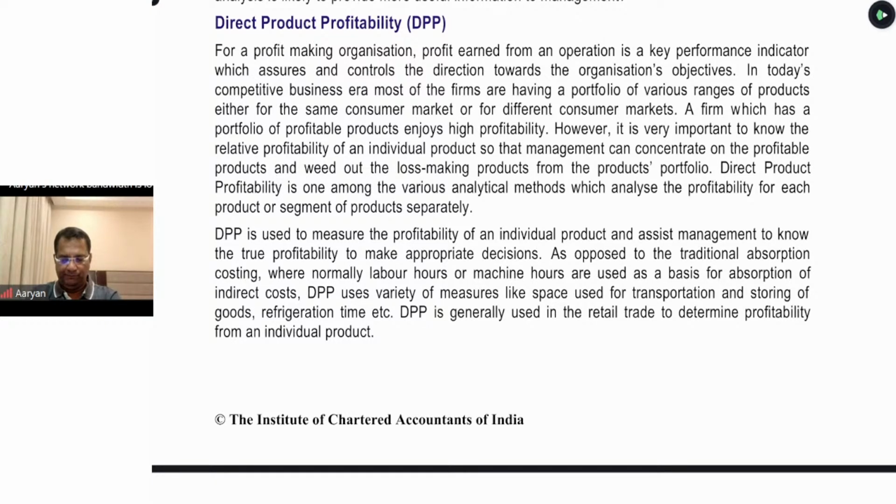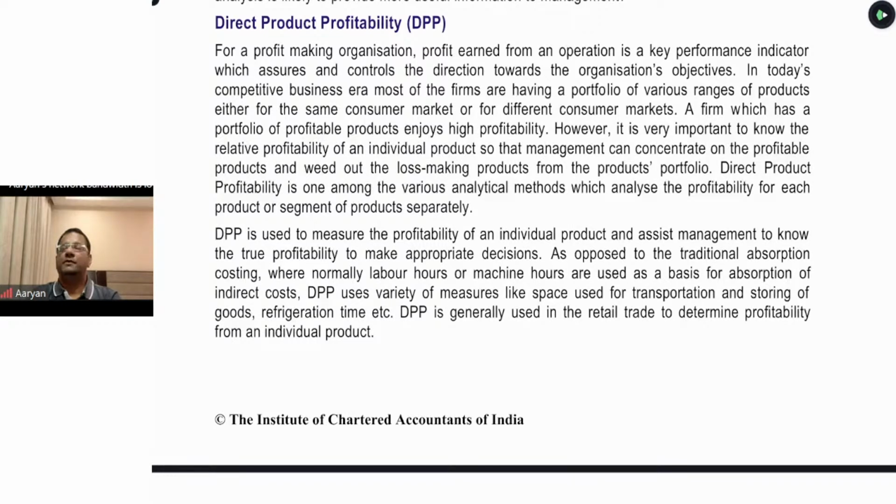Write down the next line. Reason number one: the number of products that are dealt with are thousands in number. Write down the second point.